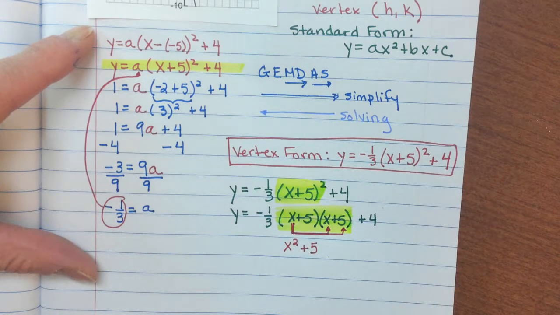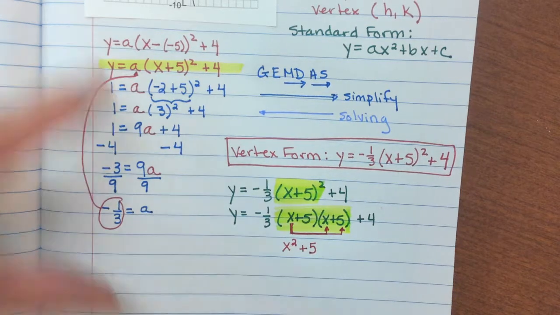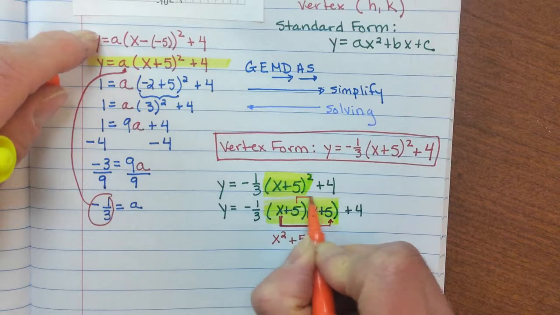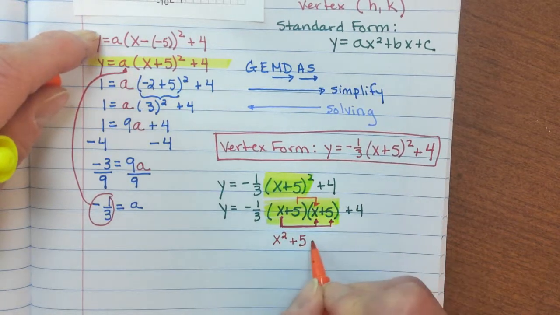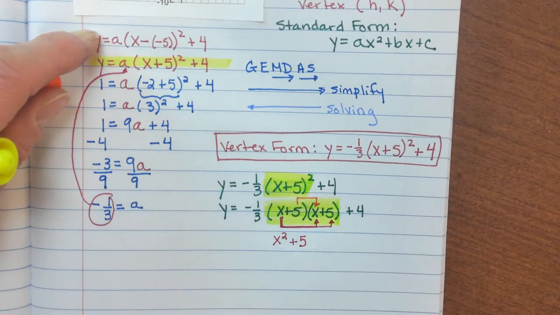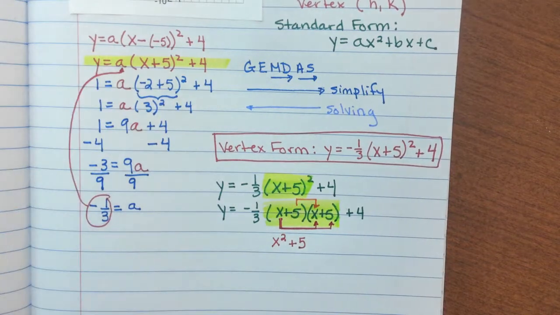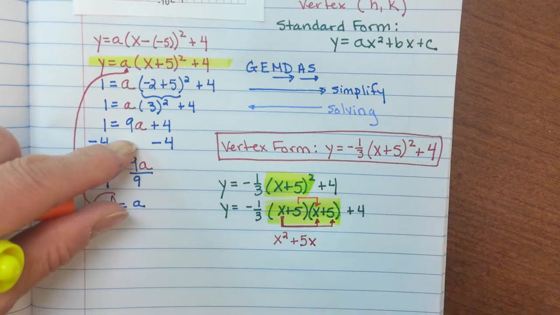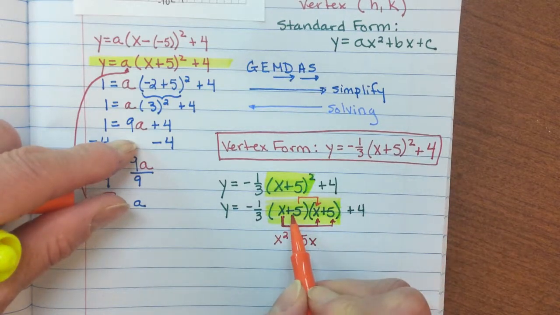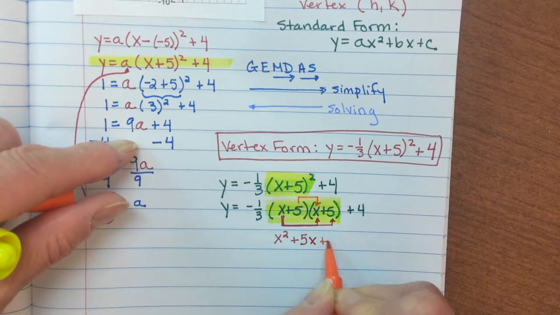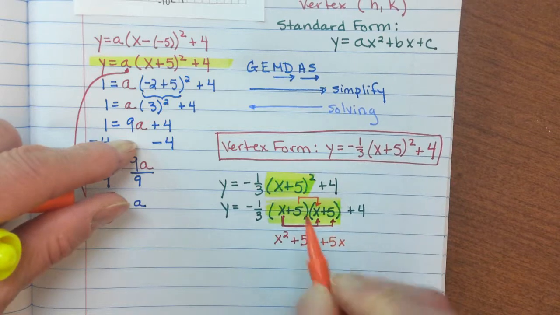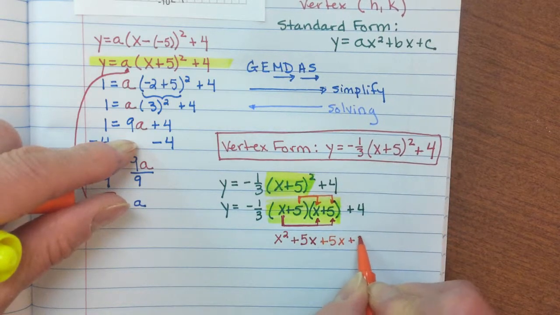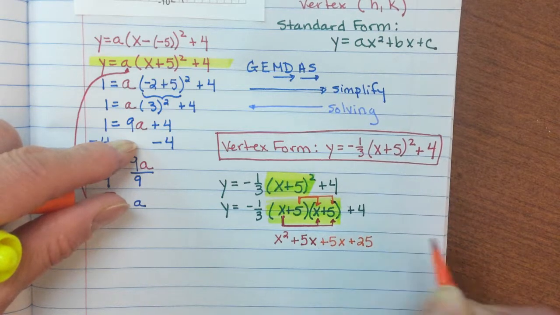Then if I distribute the 5, I have 5 times x, which is plus 5x. And then 5 times 5, I have 25.